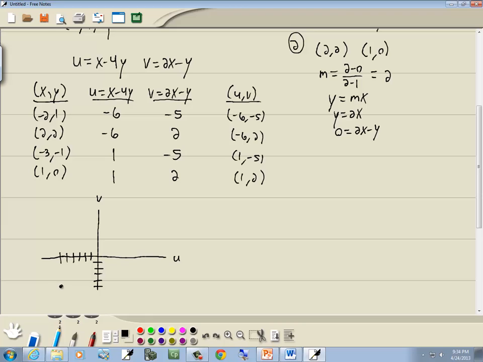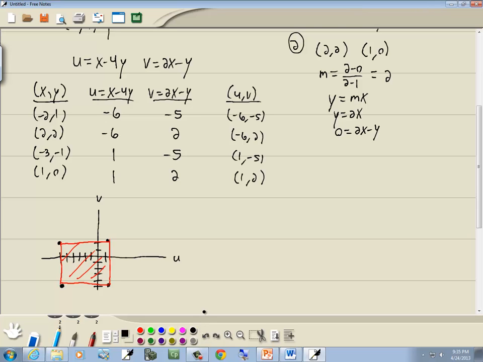So that'd be that one. (-6, 2) would be right there. (1, -5) would be right there. And (1, 2) would be right there. Okay, so that's what it's changed to. And it's a rectangle, so that's good.